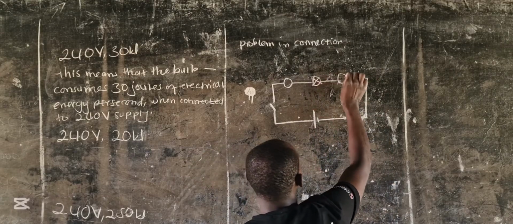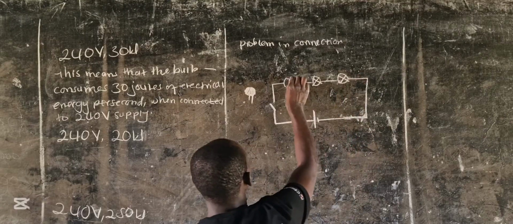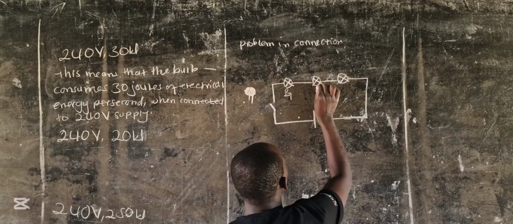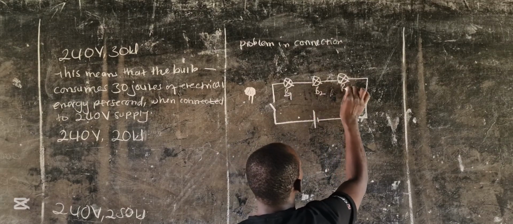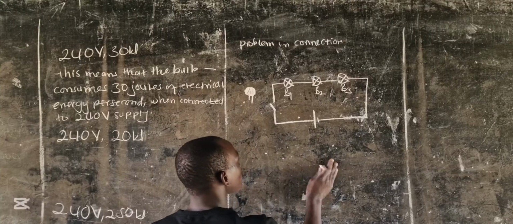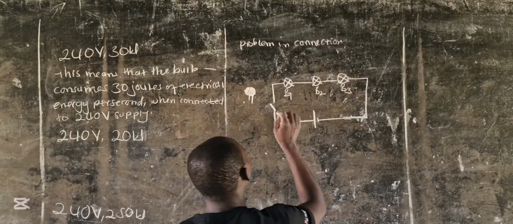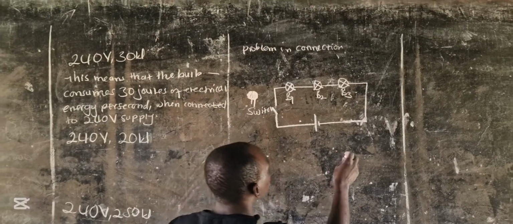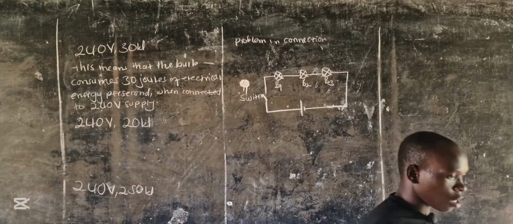we all know that this is a symbol of a bulb. So these are our bulbs. We can call them B1, bulb 1, bulb number 2, and bulb number 3. Then this is the supply, and this can be our switch.